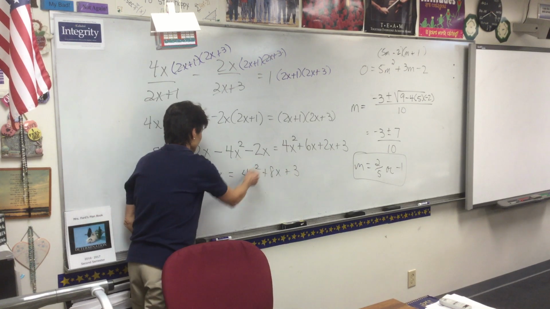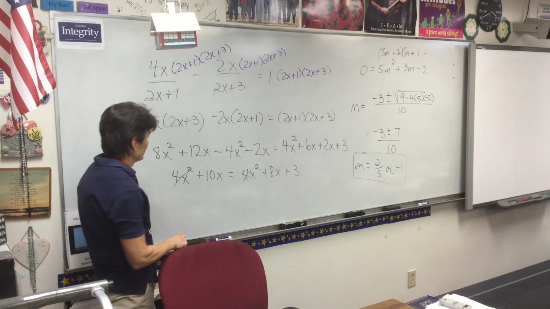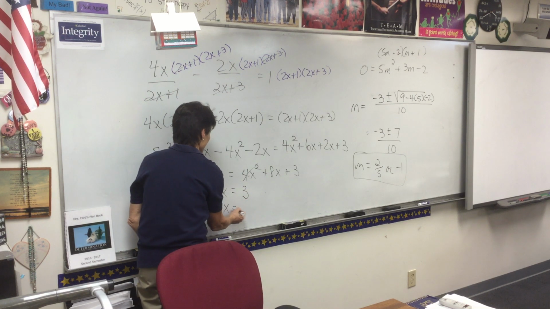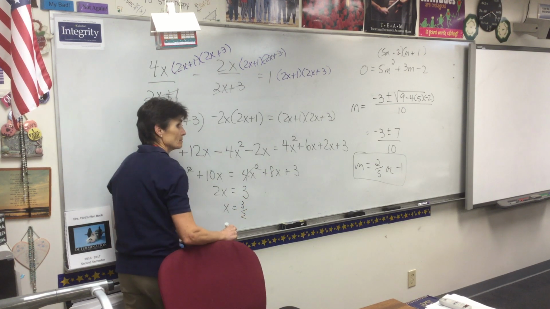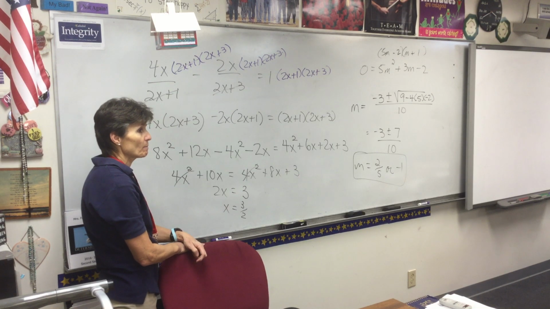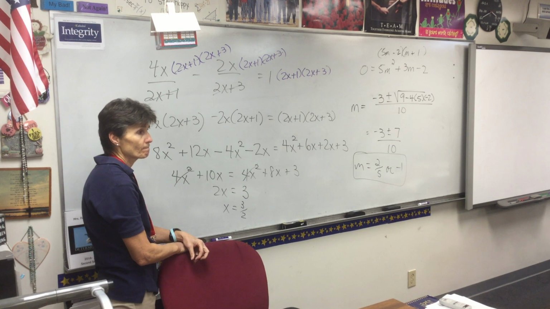Don't these cancel? Yep. So 2x equals 3 and x equals 3/2. Not gonna cause me any problems. No extraneous root there.